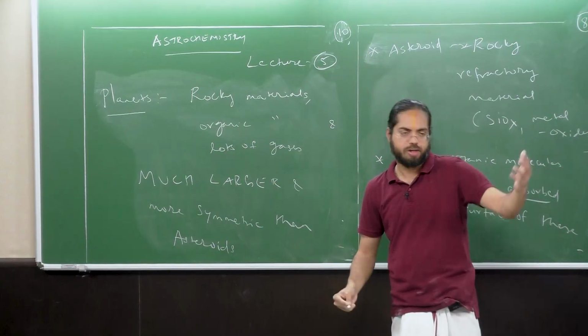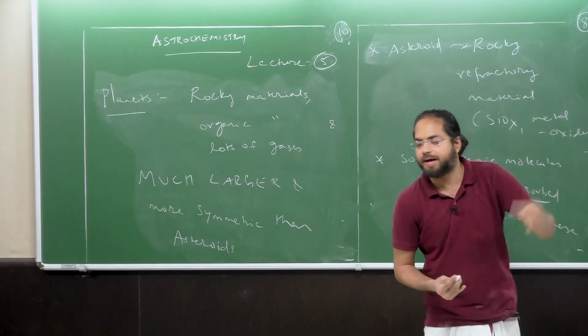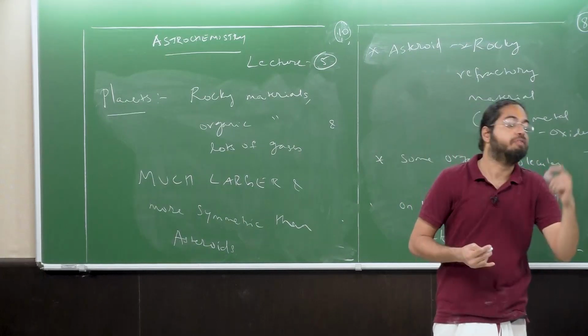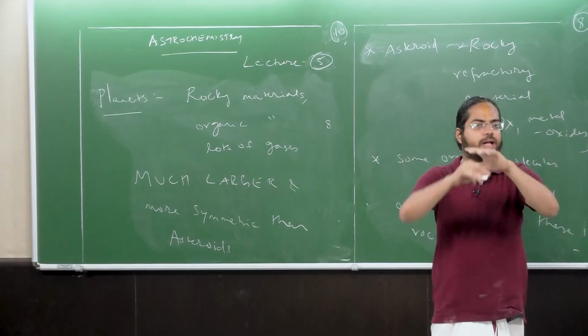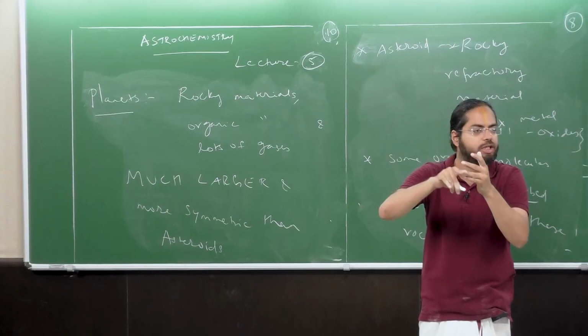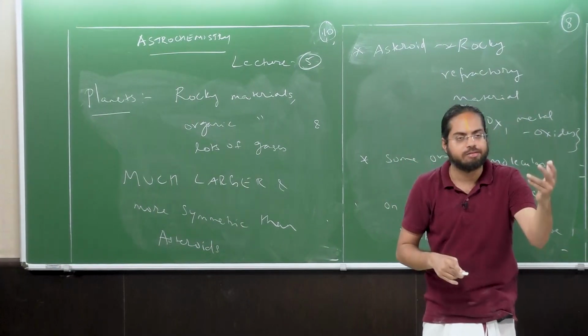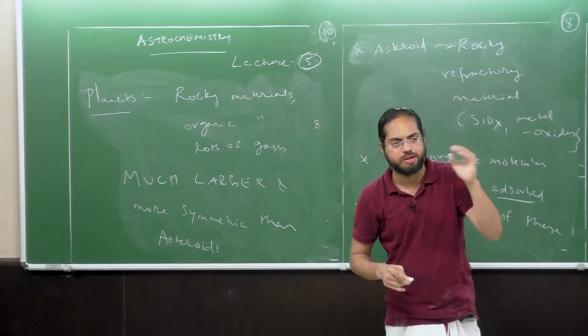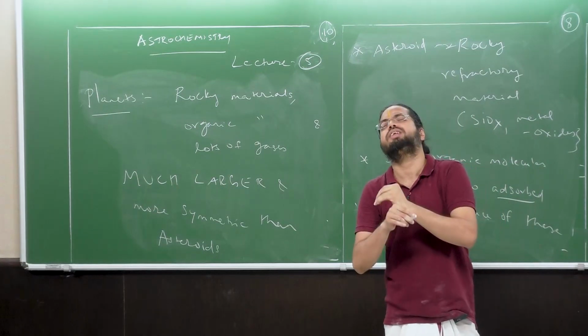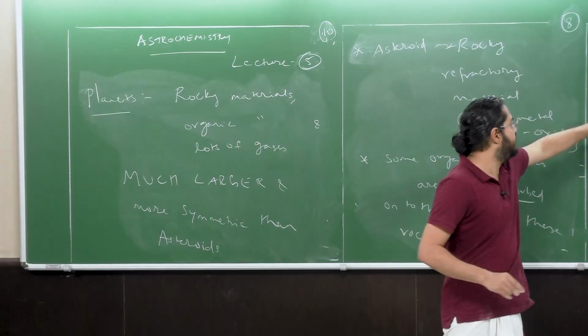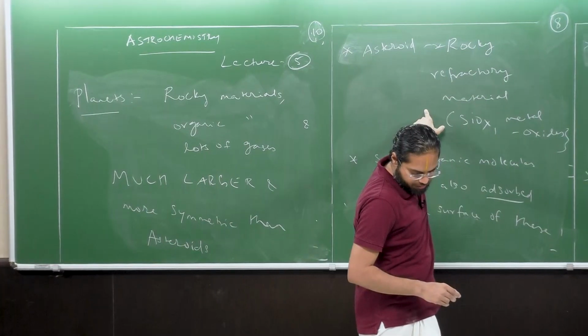For example, in our own galaxy, the Milky Way, we have all the planets. Although they're not perfectly spherical, they have an ellipsoidal shape. Most planets are almost a sphere, but they are significantly more symmetric than the asteroids, which are asymmetric.